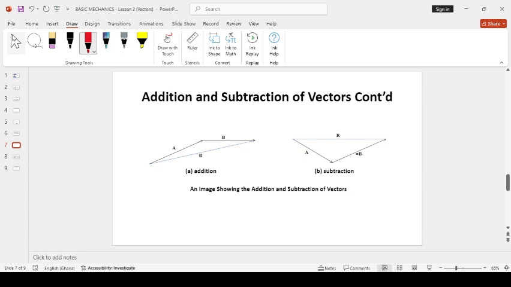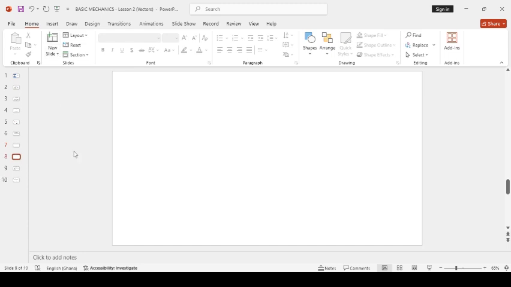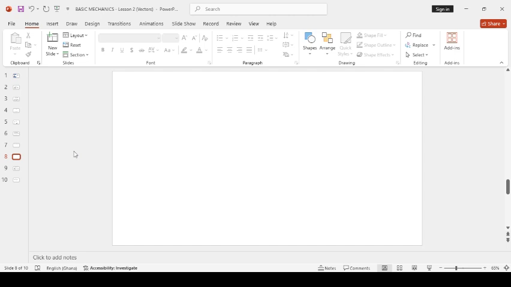So in simple terms, let me create a space so I can talk more about this. Okay, so the parallelogram law is saying that when two vectors are added, the resultant vector is the diagonal of the parallelogram formed by the vectors.